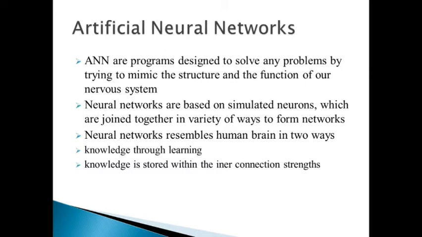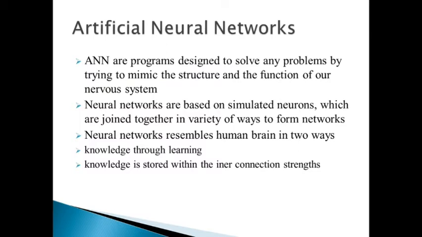Neural networks are based on simulated neurons which are joined together in a variety of ways, interconnected to form the neural network. The neural network resembles the human brain in two ways: one is that knowledge is acquired through learning, and the other is that knowledge is stored within the interconnection strengths.